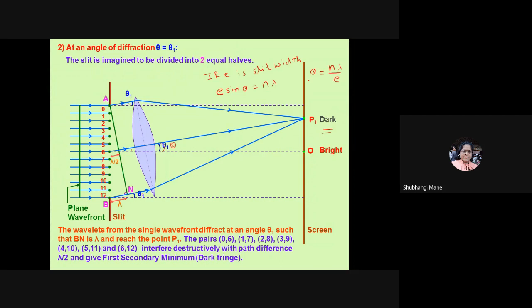If sin theta can be taken as theta, then theta equals n lambda upon e. If your slit width is d, then the same formula becomes n lambda upon d. Therefore d equals n lambda upon theta. So this is called the condition for minimum of intensity.